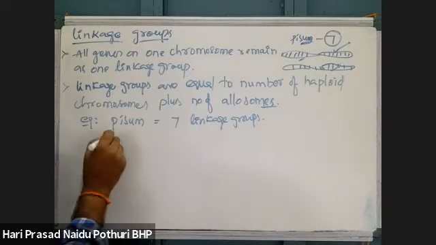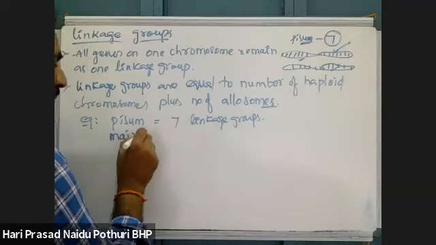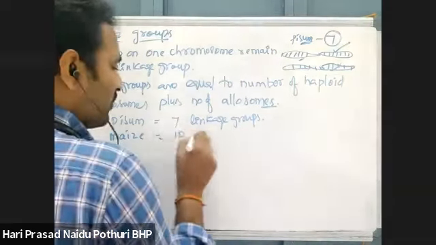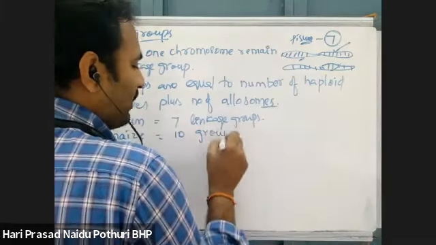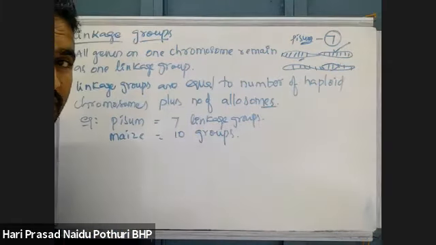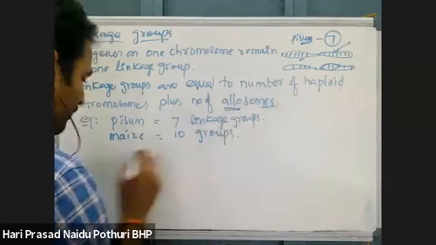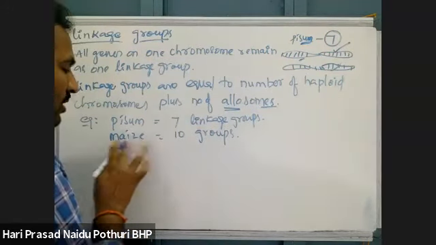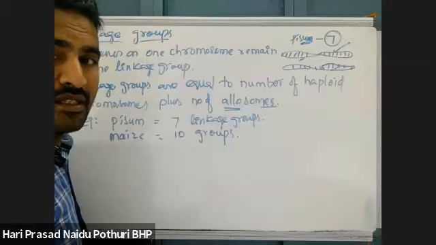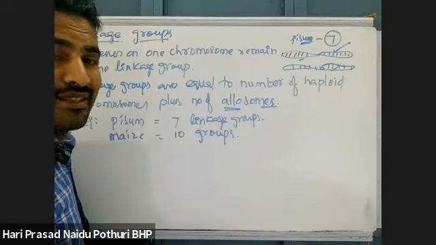If we take a maize plant, maize has 10 chromosomes, so maize has 10 linkage groups. Why did I mention allosomes? Because in plants there are no separate sex chromosomes. Plants do not have any sex chromosomes.